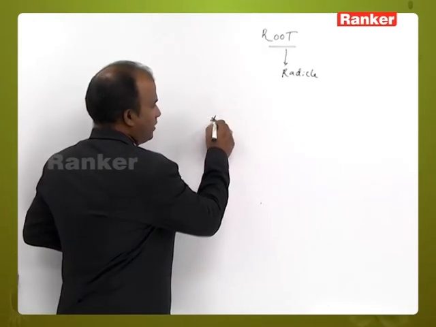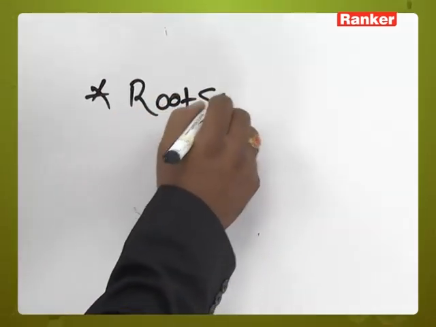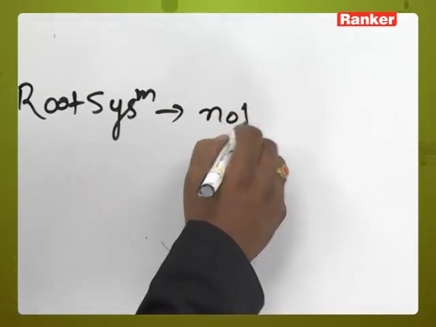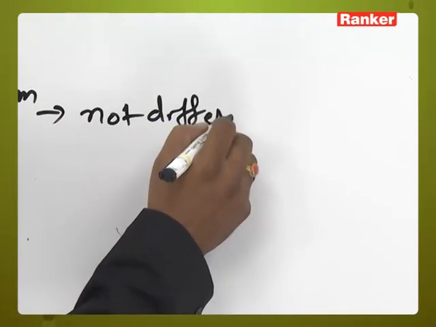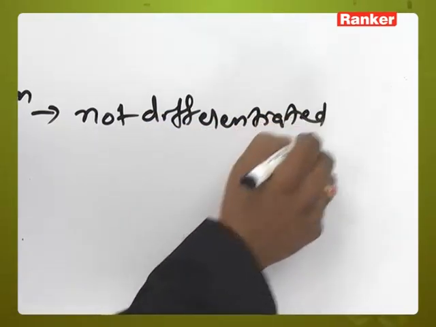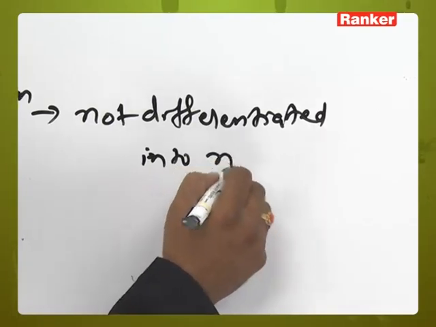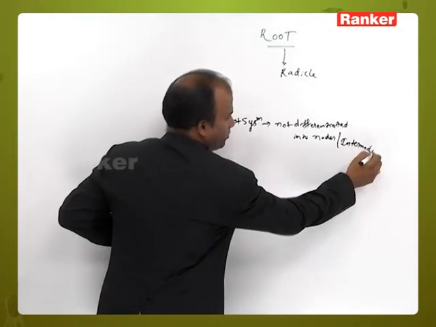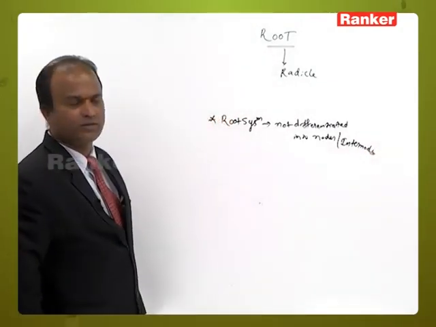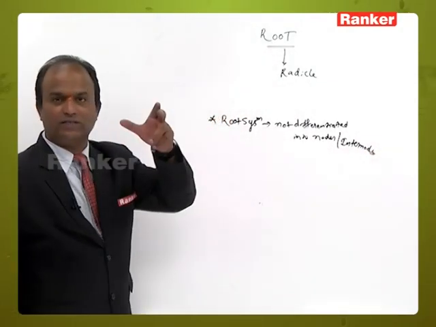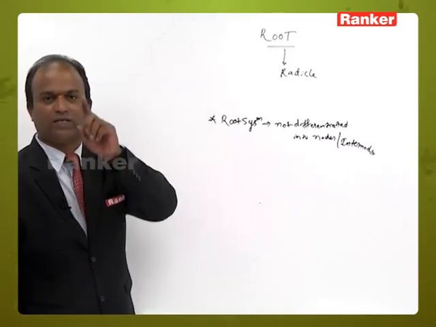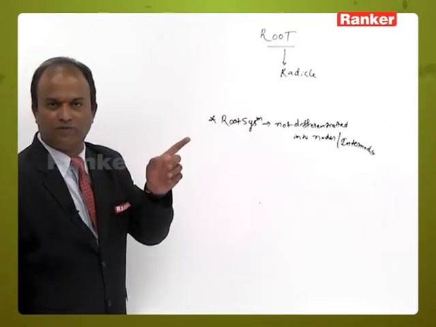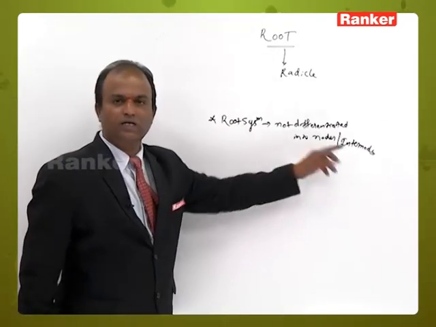Whereas the stem is differentiated into nodes and internodes, the root system is not.